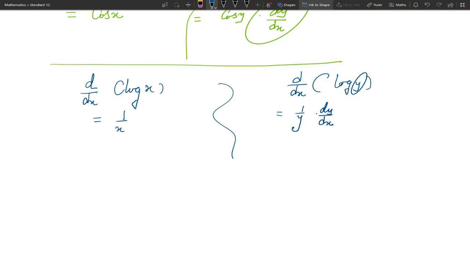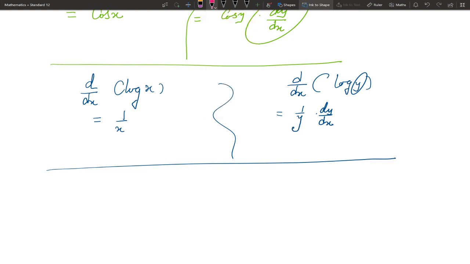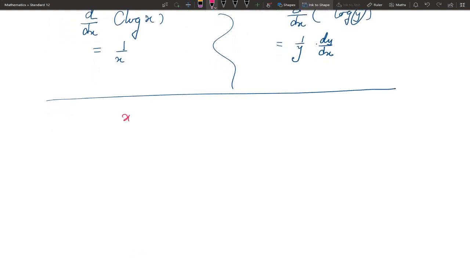We take one more example. For example, you take x cube and y cube. Suppose you differentiate both with respect to x. So here derivative of x cube is 3x square, that's all.